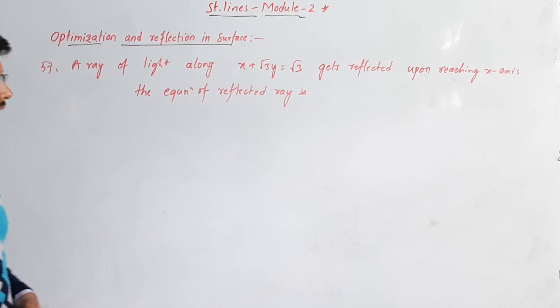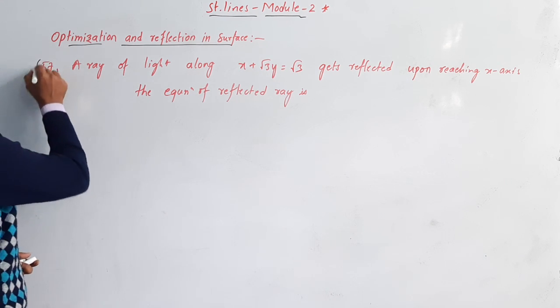So first we have the topic name, optimization of ray and reflection in surface. The question number is 57 here.